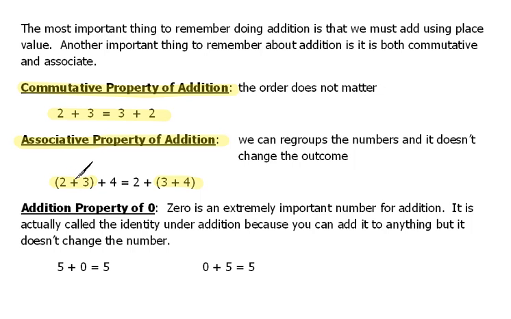Here, we're going to add the 2 and the 3 first, and then add the 4. Now, because of order of operations, that's what the parentheses tells us, which we will study later on a little bit more extensively. But in the right-hand side, it says we're going to add the 3 and the 4 first, and then add the 2.